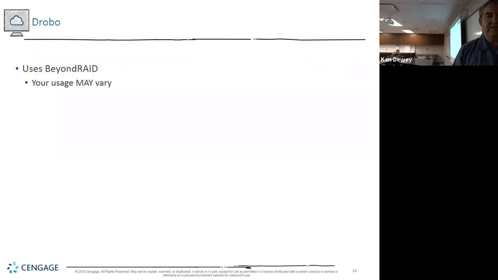And they use something called Beyond RAID, which is some special algorithm for them to make it work even better than RAID. And the reason I got it is, I had the 6 drives. And the theory behind RAID is if you have a single failure, you don't lose your data. Well, I had a single failure. Lost all my data. I contacted Drobo.